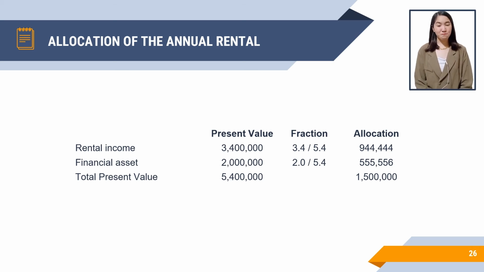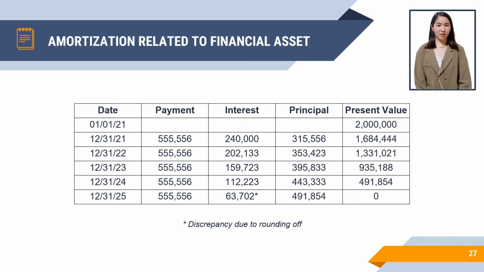Bale, ito na yung pinakahinimay na version ng annual rental receivable natin, which are the amounts na inirecord natin previously sa journal entry natin. Now, let's move on to the amortization related to financial asset. Diba, nalaman na nga natin na 555,556 pesos yung allocated amount sa financial asset.